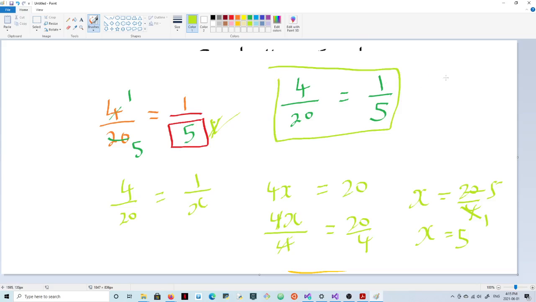Now, 1 upon 5, let's say 1 upon 5. If I multiply the top by 4 and the bottom by 4, I'm going to get what? Multiply by 4, multiply by 4. It's the same as 4 upon 20. All right, so let's try some more.